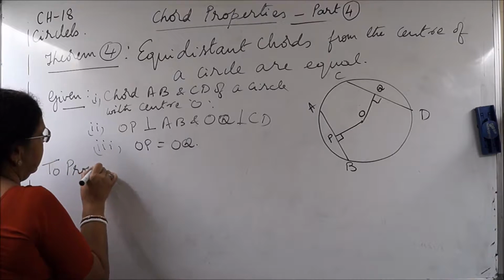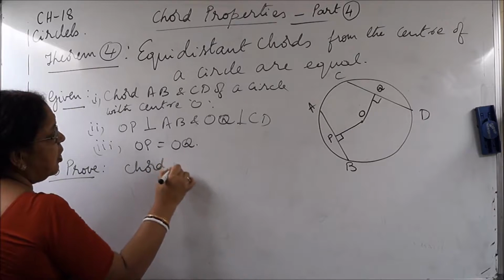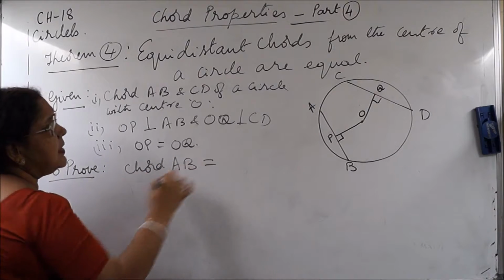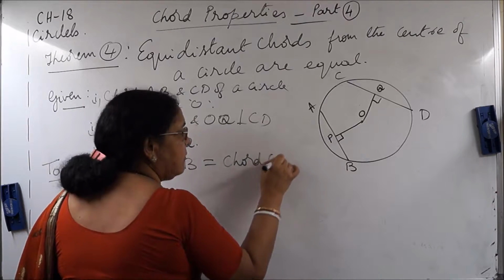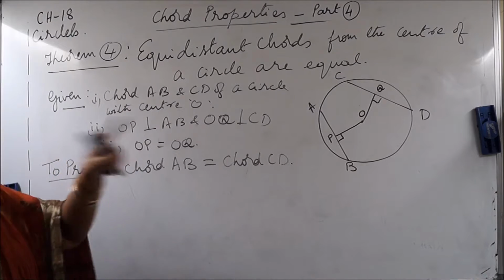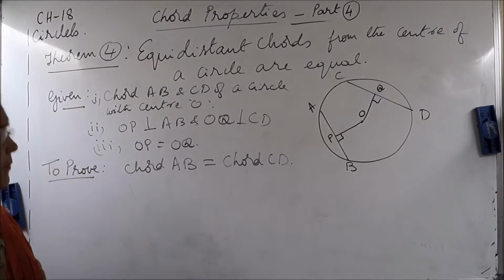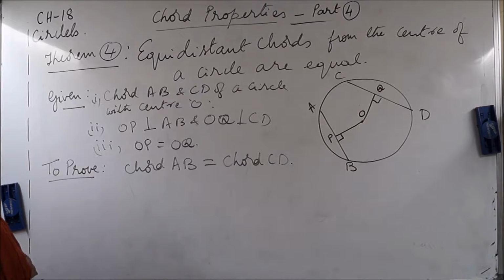If we can verify that chord AB is equal to chord CD, then we will accept the theorem that equidistant chords are equal. Now for that we will need some construction, and we will use our previous knowledge again.